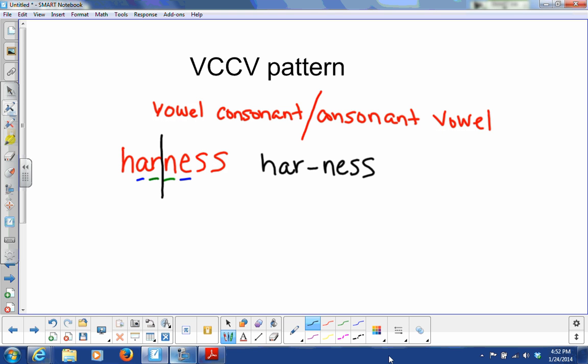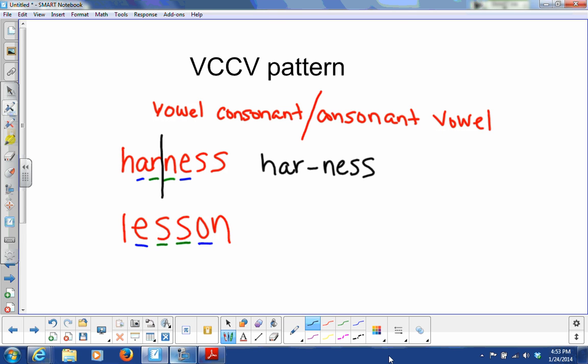All right. Let's take a look at another one. Lesson. Right? So I'm going to underline my vowels, which is an E and an O. And then I'll underline my consonants here.